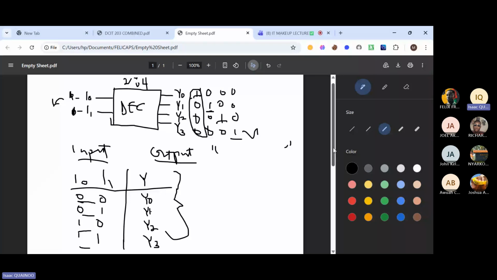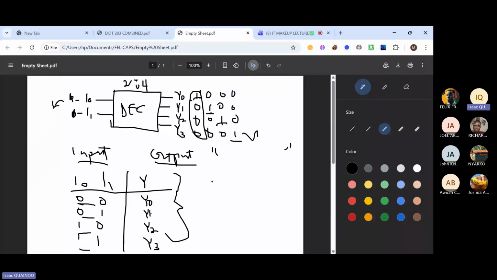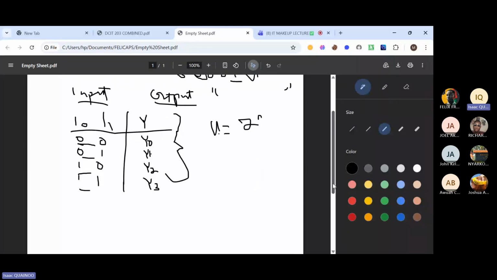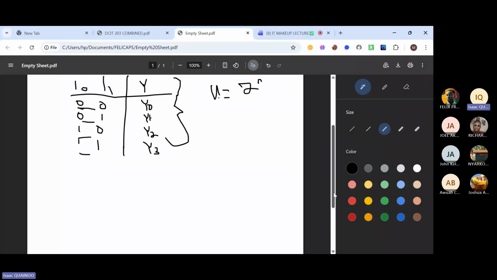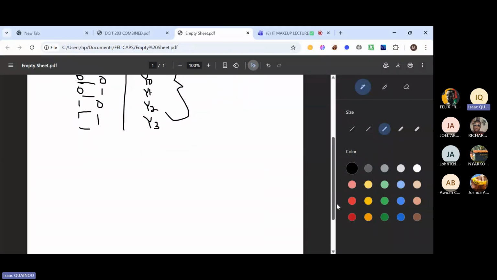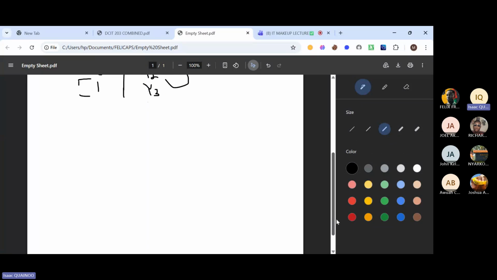So we said that decoders basically take n inputs and return 2 raised to the power n outputs. We already know this concept from multiplexers and demultiplexers, but there, n is rather our select lines, not our inputs. Let's look at something here. We have a decoder that we call a BCD to decimal decoder.